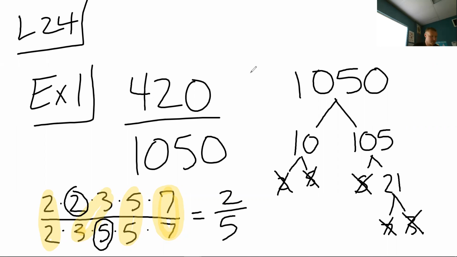Now for part B, it wants me to find the greatest common factor of 420 and 1050. So how would I do that?